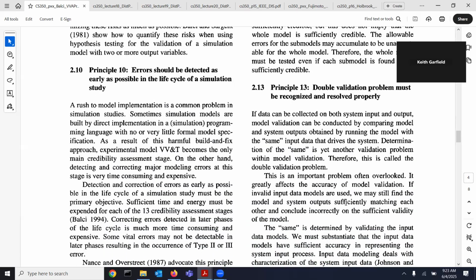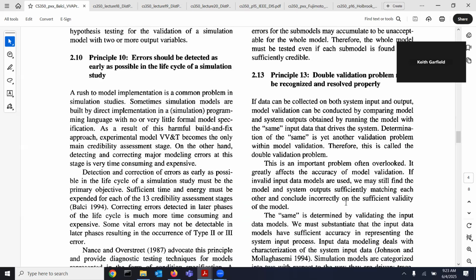Double validation problem. This is what was in the list yesterday, and I didn't describe the terminology accurately or effectively. The double validation problem is that you're trying to validate your model by putting some inputs in and getting a result, and then you're going to compare it to the real world.